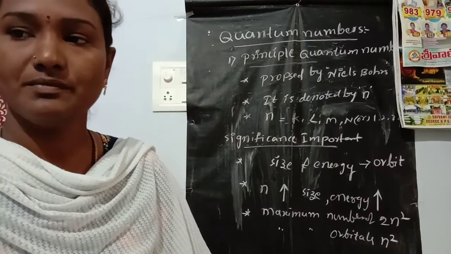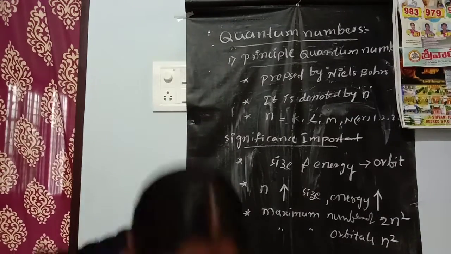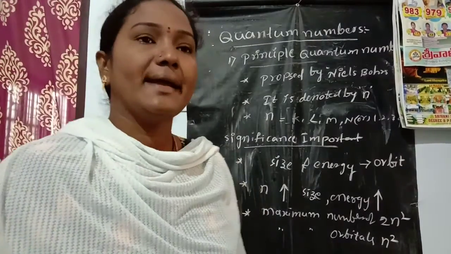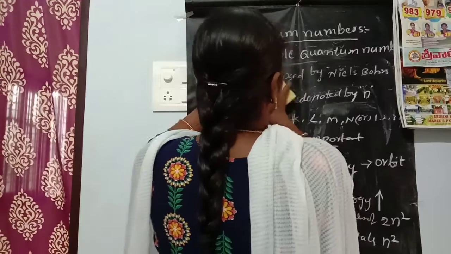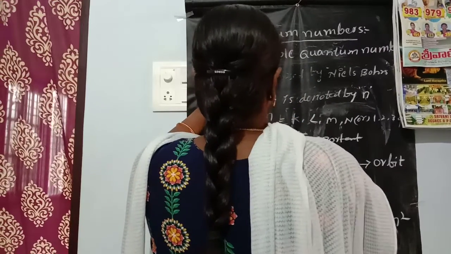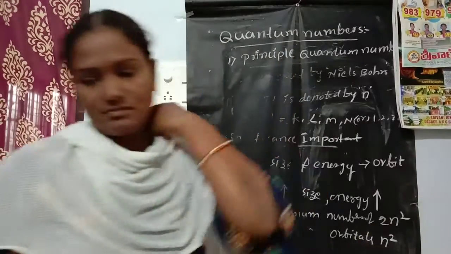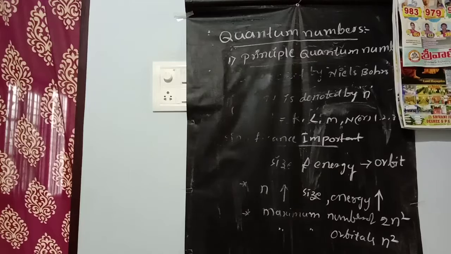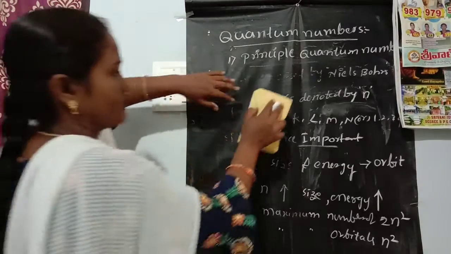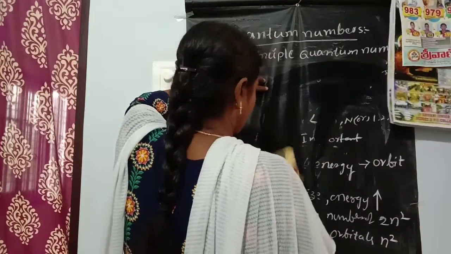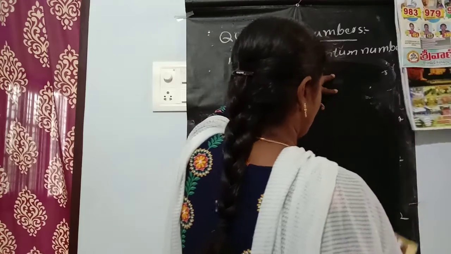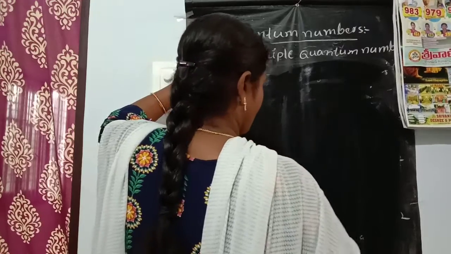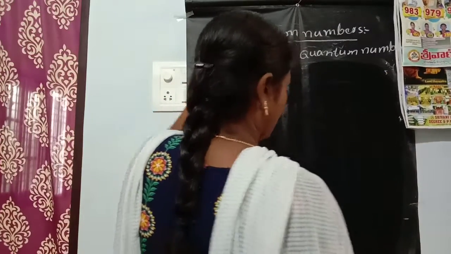Table: n value, shells, electrons and orbitals. The maximum number of electrons is 2n square, and the maximum number of orbitals is n square.